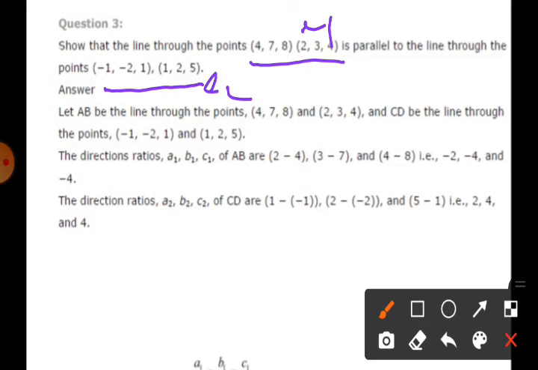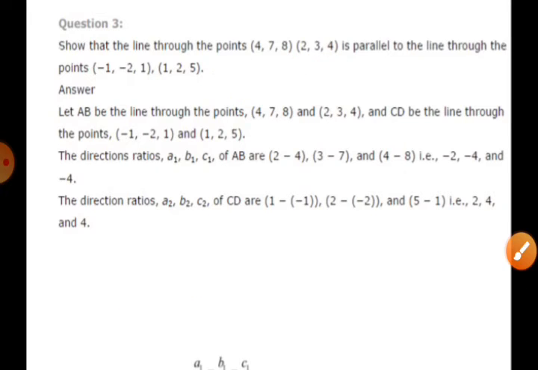The question is to show that L1 is parallel to L2. Now the solution of this question.